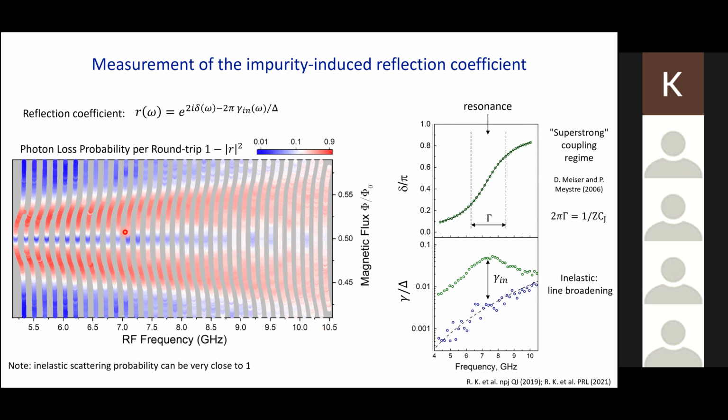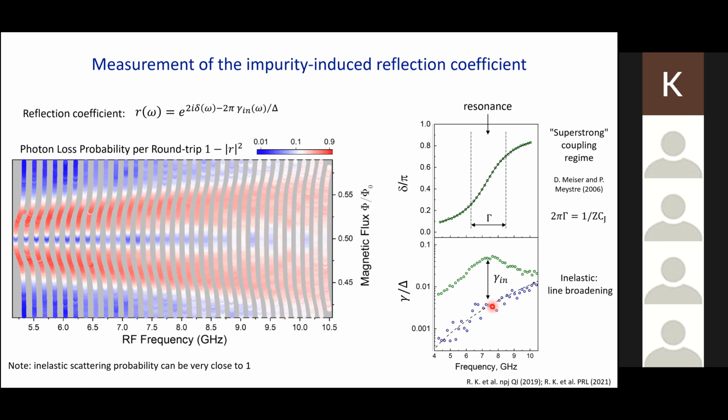The second data which we can extract from the plot on the left is the line width, and here I show you what it is without an impurity, when it's detuned far away from this measurement window. So the loss is limited just by the electric loss in the line.